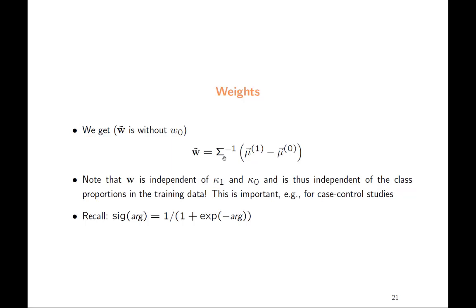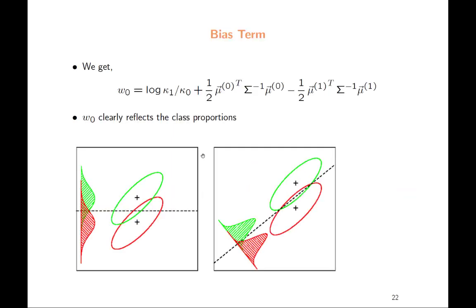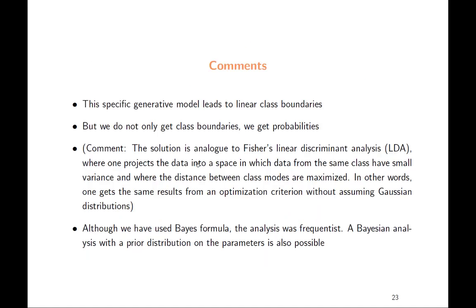And as we discuss later on, it's important that the kappas, or the class proportions, do not appear in this equation. So that's good if we need to work with non-natural distributions of the classes. This expression will not change. And this is the expression for w0, which is sensitive to the class proportions, of course.